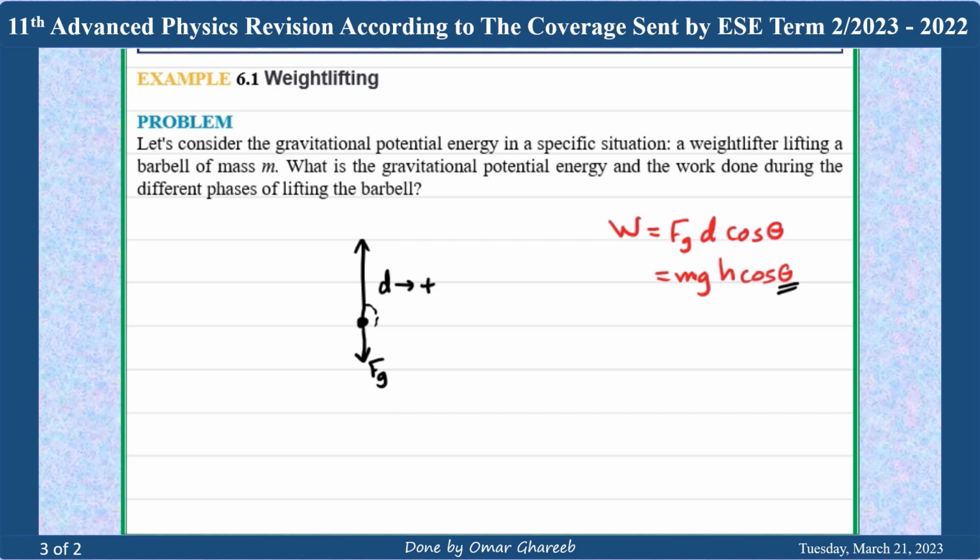So the angle between the force and the displacement is 180. And we know that cosine 180 is -1. Then the work done by the gravity for lifting an object is minus mgh.